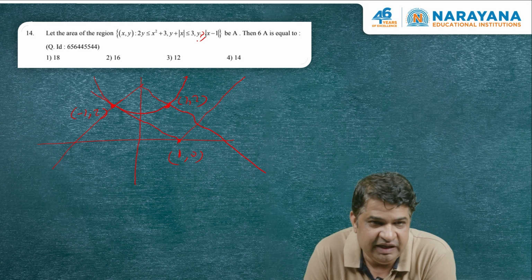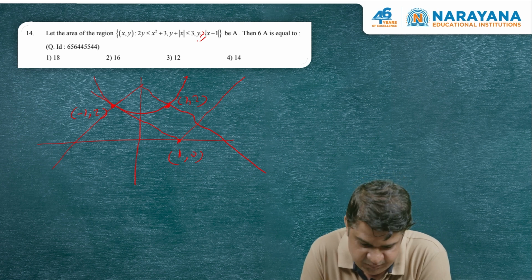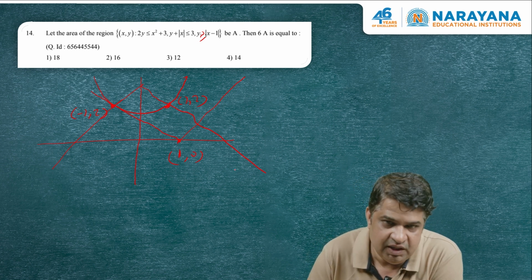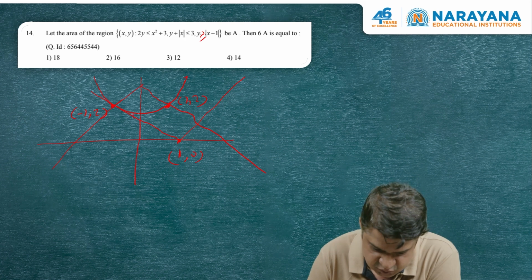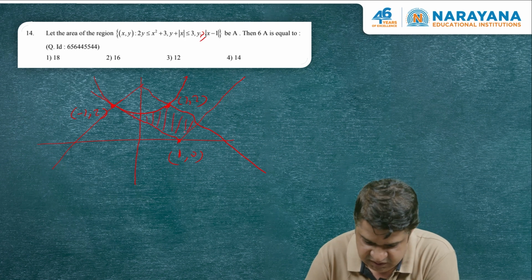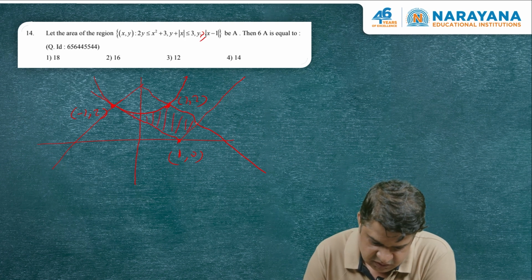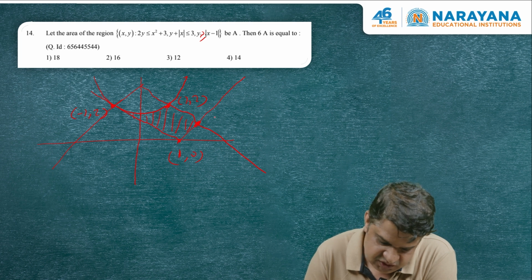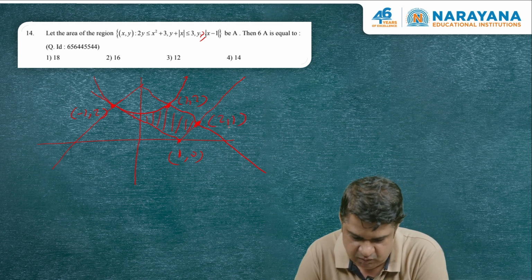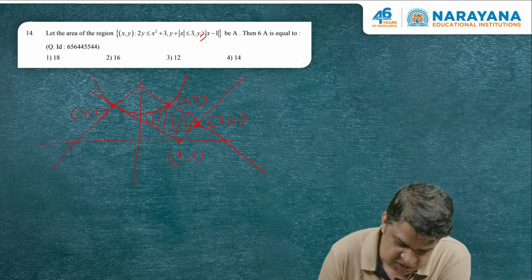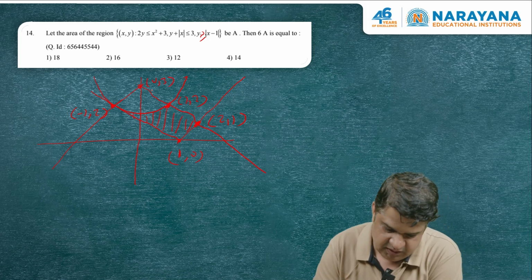So, what do we need? The area below the parabola, below this graph and above the mod of x minus 1 graph. So, basically this area we need. Now, calculate first this point of intersection, it will come out 2 comma 1, and obviously this point is 0 comma 3.